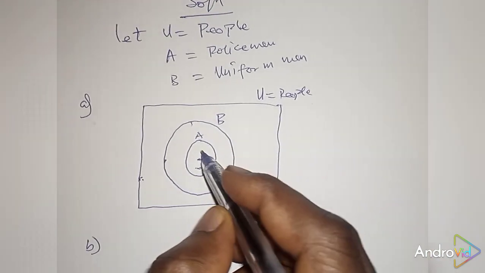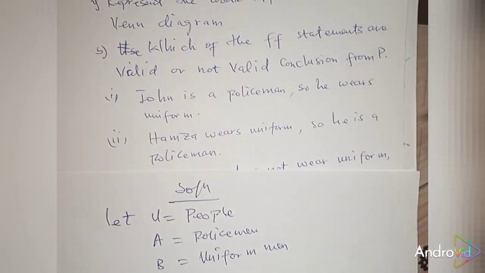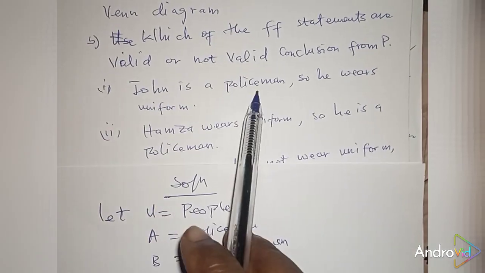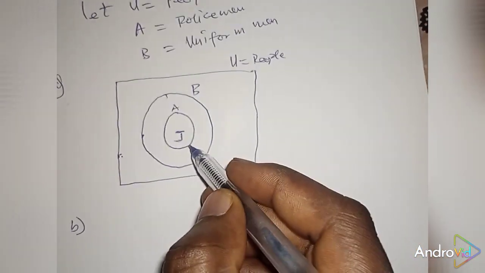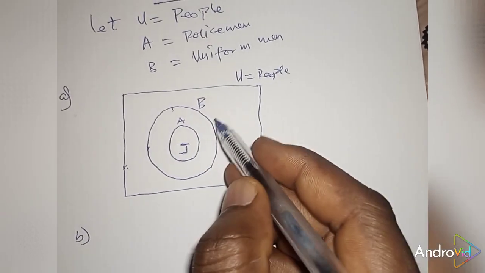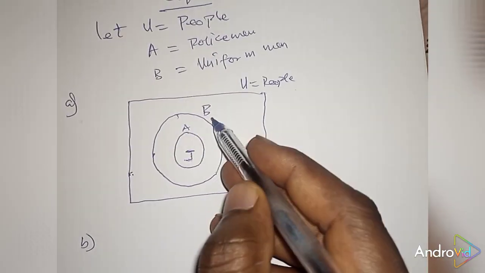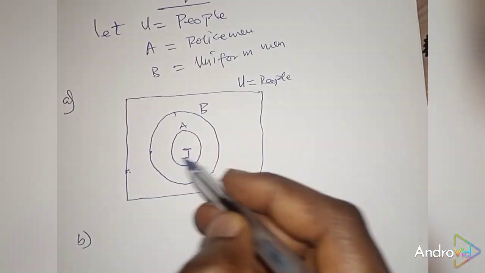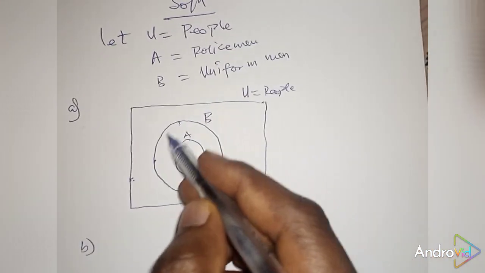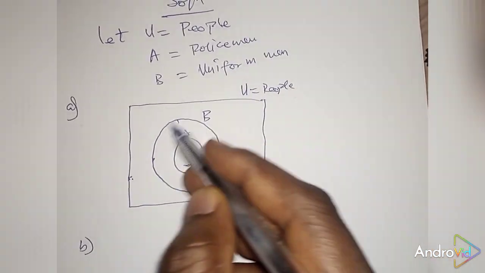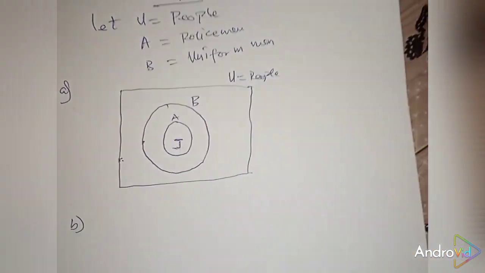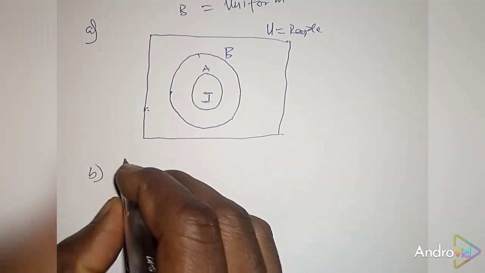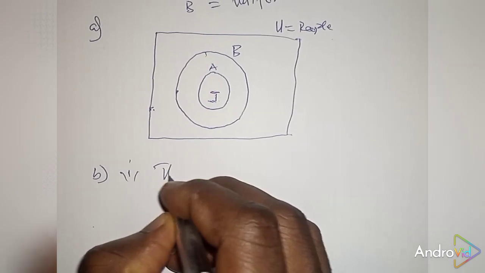So we can see that the first statement, which states that John is a policeman, so he wears uniform, is always true, because once John is here, then it means he's also inside the set B, right? Once he is a policeman, then of course he's part of the uniform men. Very good.